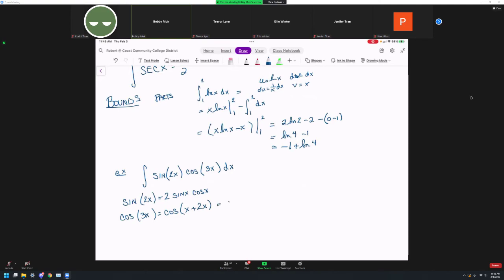The identity here is cosine of x cosine of 2x minus the sine of x times the sine of 2x. And then we take the cosine of 2x and we write it as cosine squared x minus sine squared x. And then this one, we put the 2.